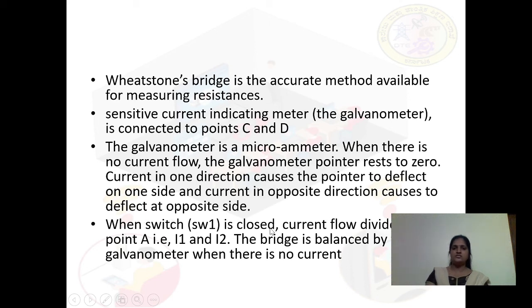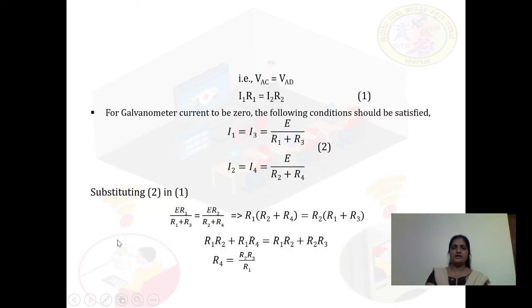When the switch S1 is closed, the current divides at point A, that is into I1 and I2. Between I1 and I2, the current is going to divide. So the bridge is balanced by the galvanometer when there is no current. While balancing the bridge, the voltage at the A and C junction must be equal to the voltage at the A and D junction.